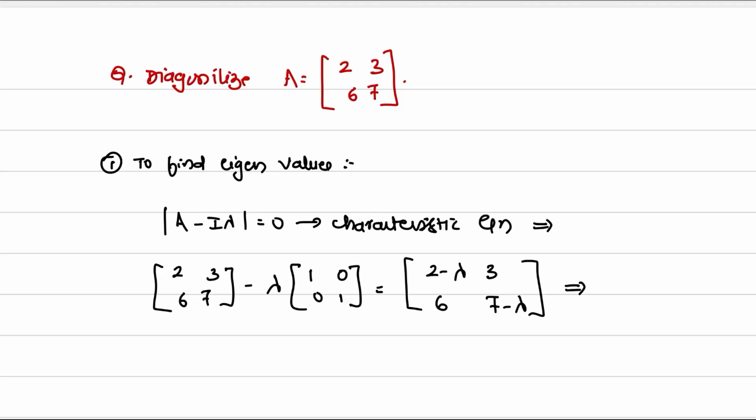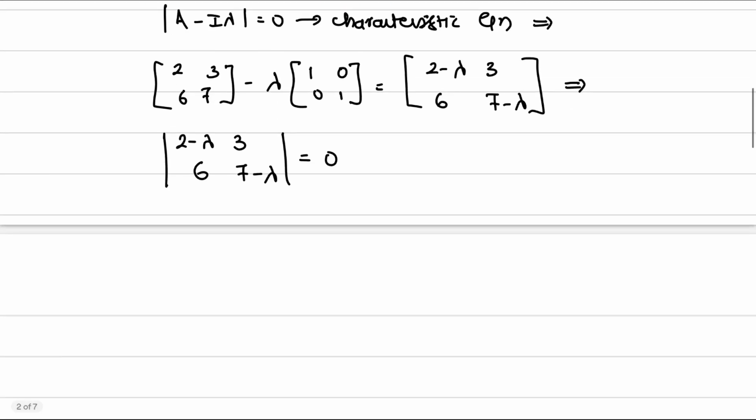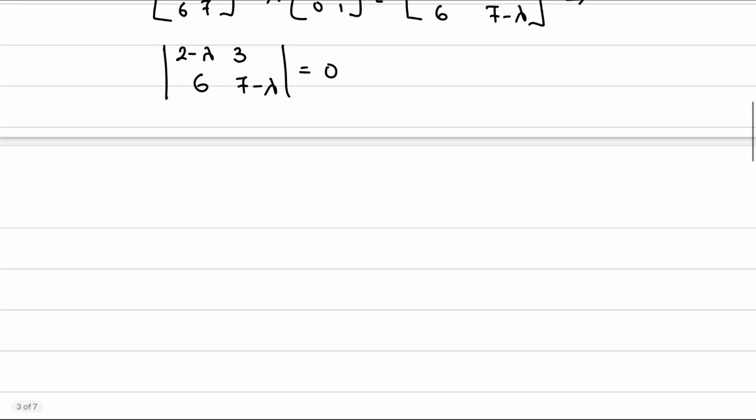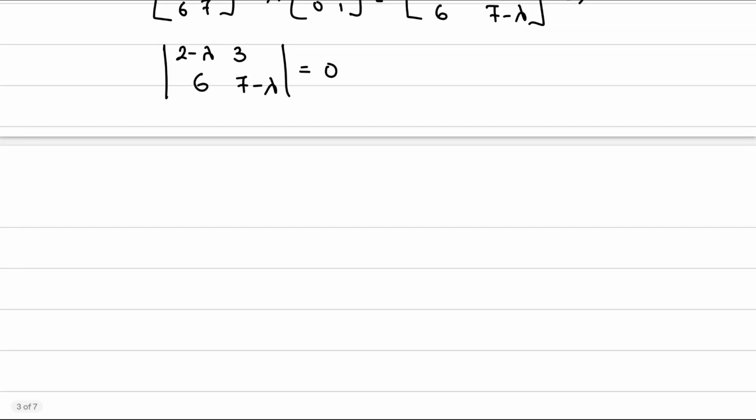That implies the determinant of 2 minus lambda, 3, 6, 7 minus lambda is equal to 0. That is the characteristic equation. Now from the characteristic equation, we will find the values of the eigenvalues. What does it mean? Cross multiplication, as I told you in many of my previous lectures.